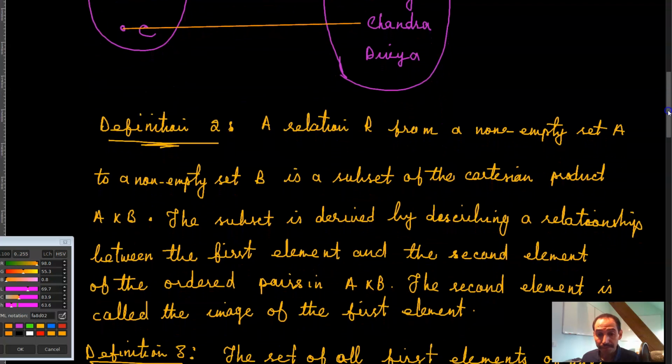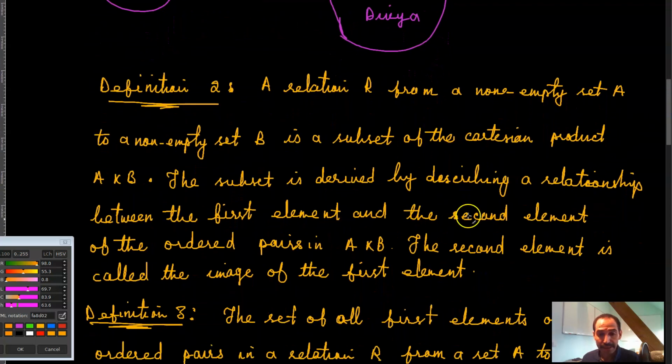Then we said that the second element is called the image of the first element.